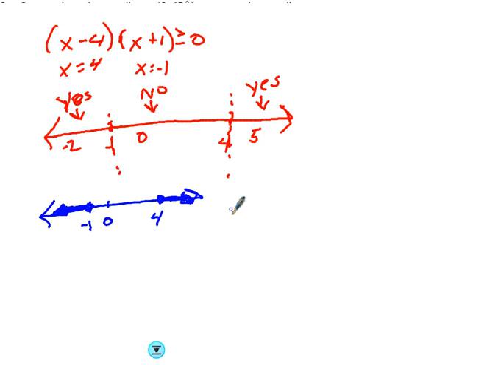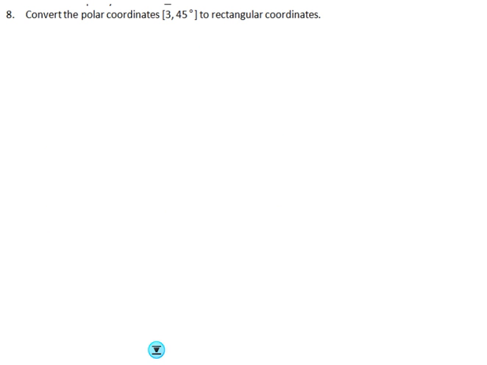In interval notation, the smallest possible value would be negative infinity. We're going to go all the way up to negative 1. We'll put a bracket because we do include it. We'll union that with 4 inclusive, all the way to positive infinity. So there you have it. We move on to number 8.